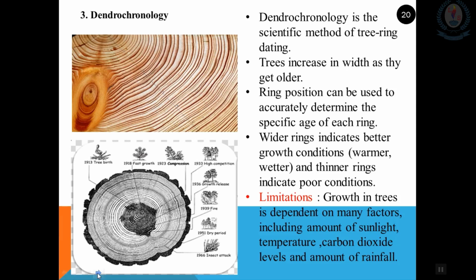Each ring corresponds to a year of growth. Depending on the conditions, you will get thicker rings and thinner rings. Thicker rings indicate more growth and thinner rings indicate less growth. We can take climate information through these rings, but there are limitations of this method as well, as ring growth is dependent on so many factors other than temperature.